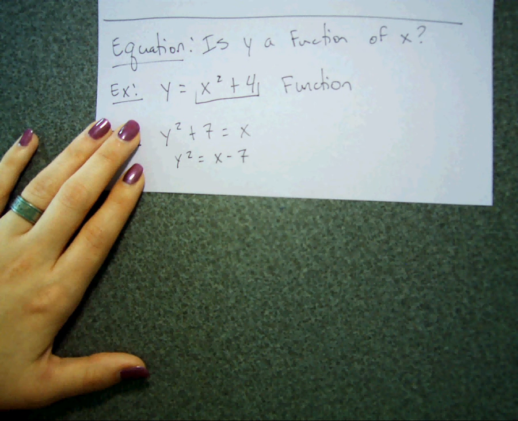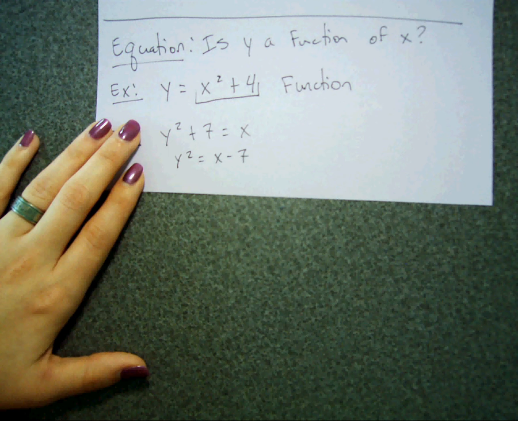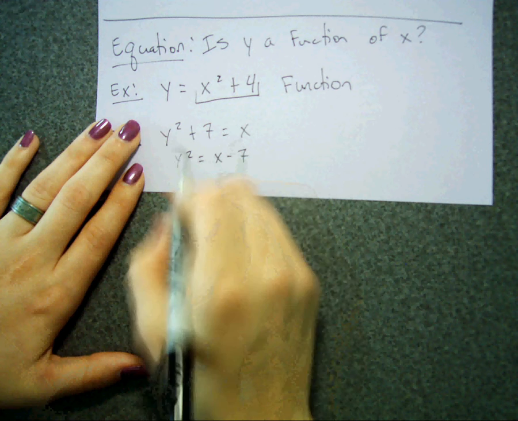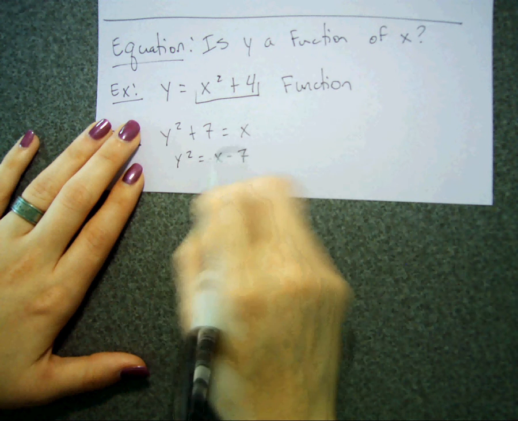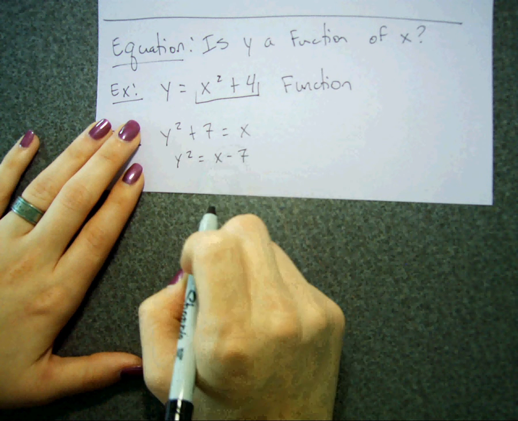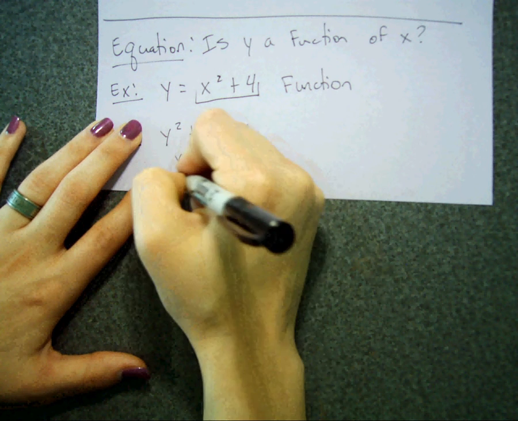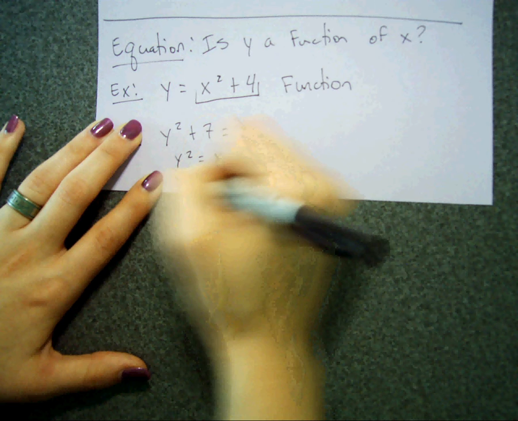And when I take the square root, what do I have to account for? Positive or negative, right? Because it's squared, which means it could have either originally been positive or it could have originally been negative. So when I take the square root, I have to account for the positive or negative square root of x minus 7.